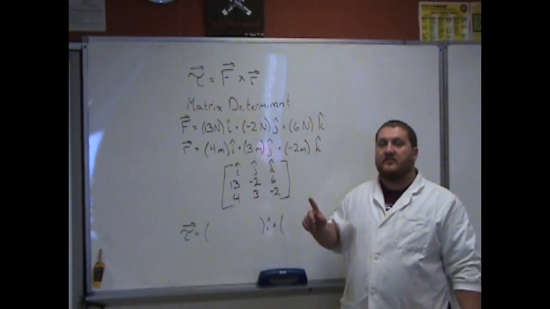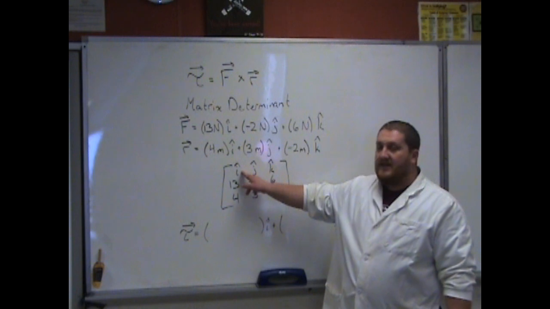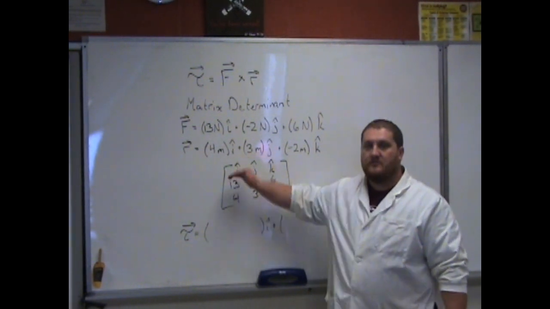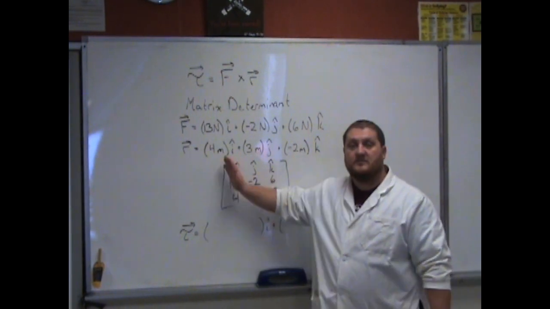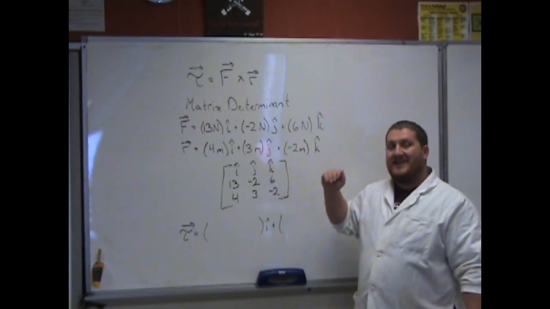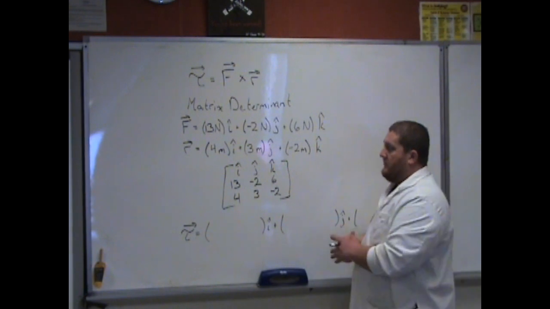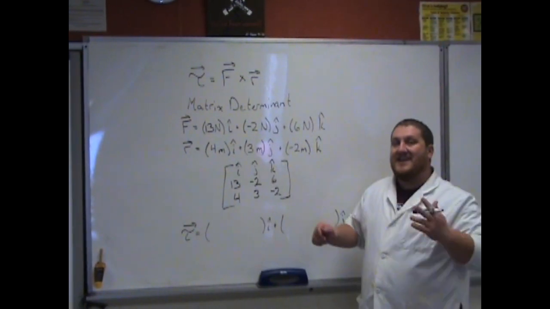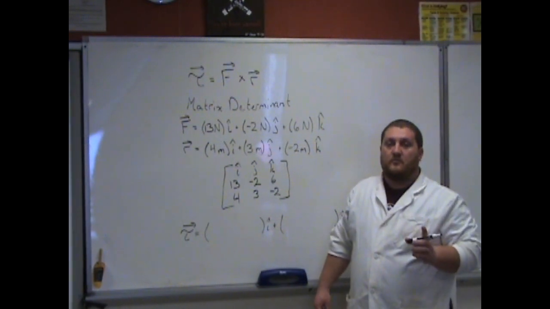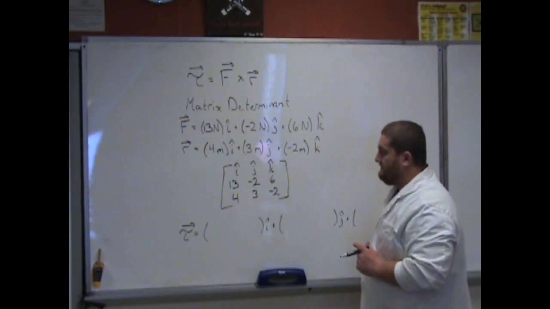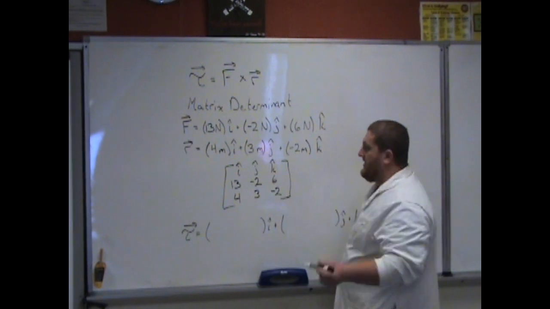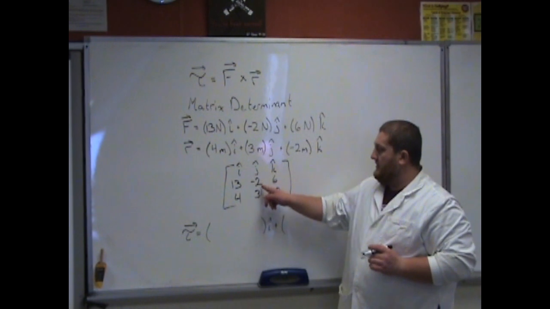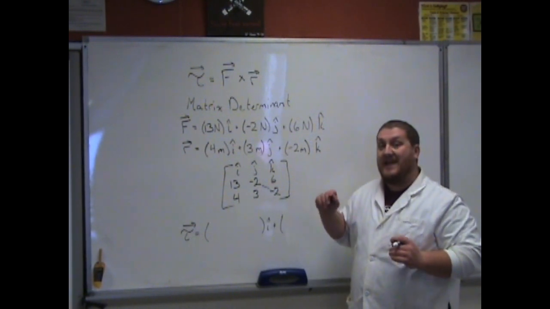The way I get a determinant of a matrix, anything that is involved in that one, so the i row, the i column, gets ignored. So anything in the same column as i or the same row as i gets ignored when it comes to solving a determinant. The next thing I do is I multiply the two values that are diagonal from each other.